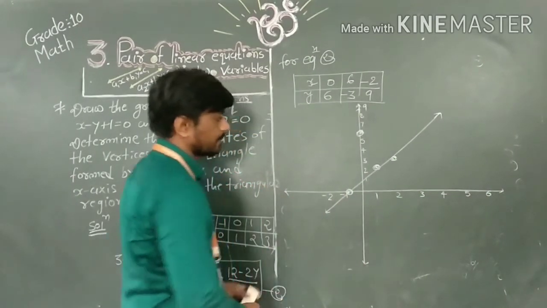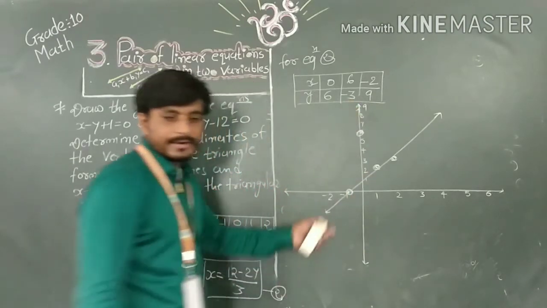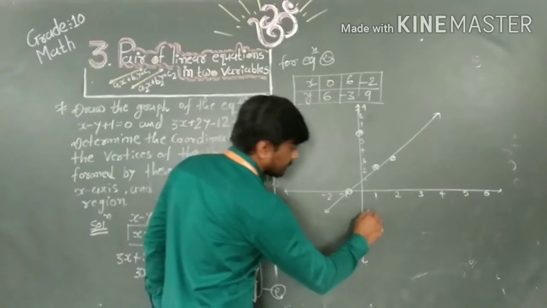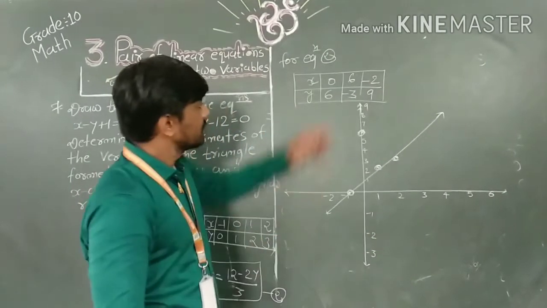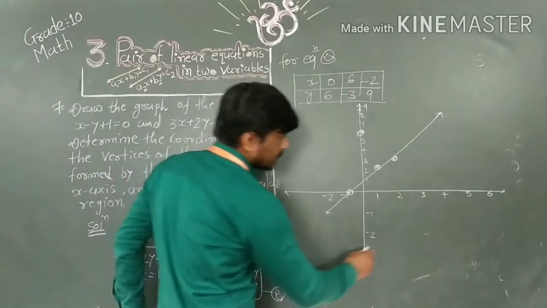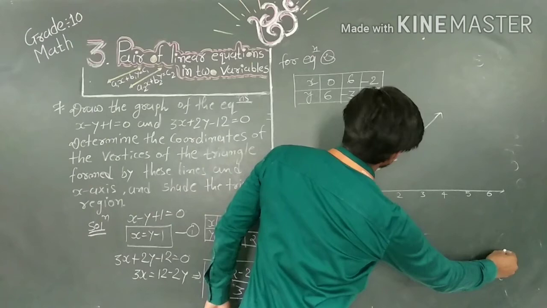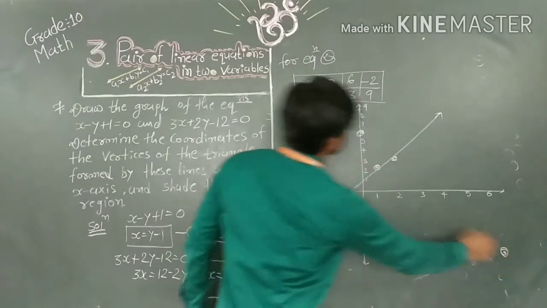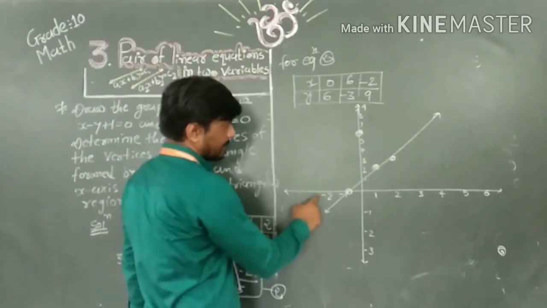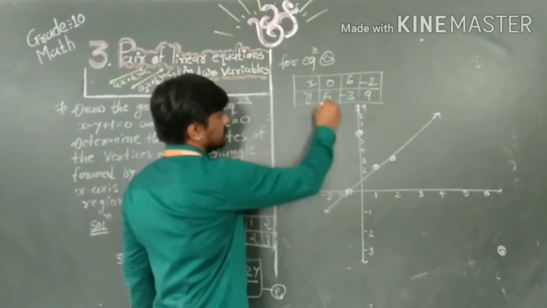That means here we want to write negative numbers. Minus 1, minus 2 and minus 3. Okay. Now 6, minus 3. That means this and this one. Okay. And minus 2, 9. That means this one.